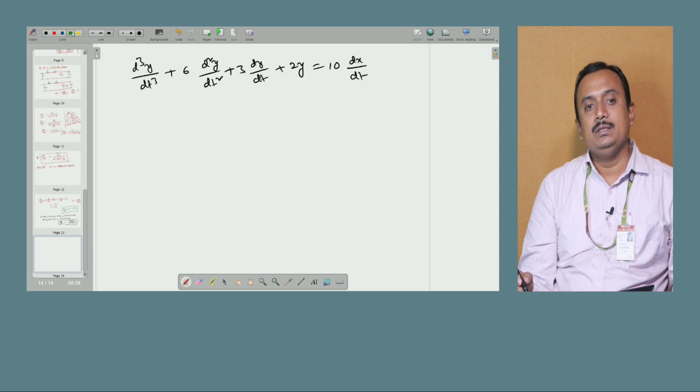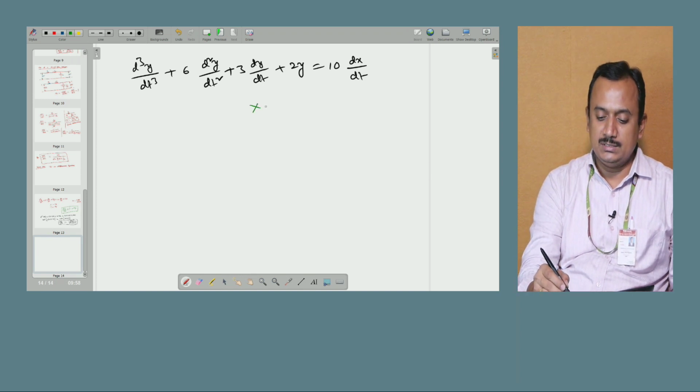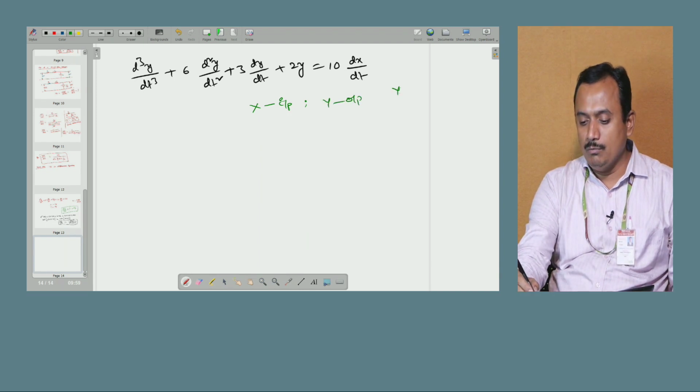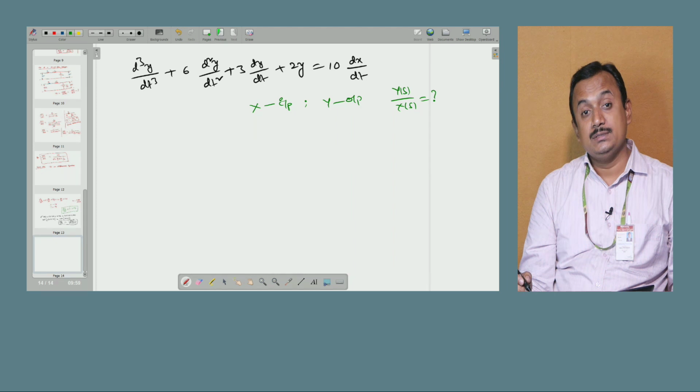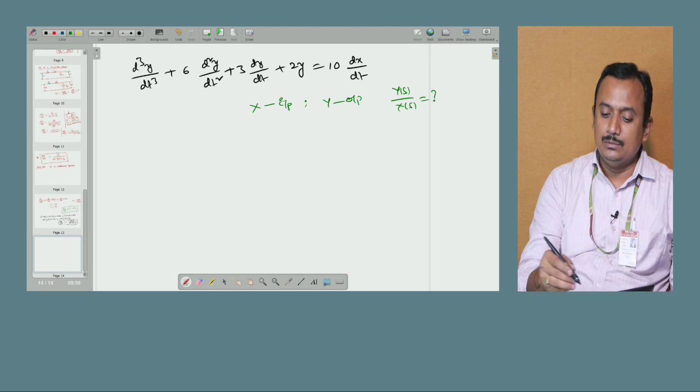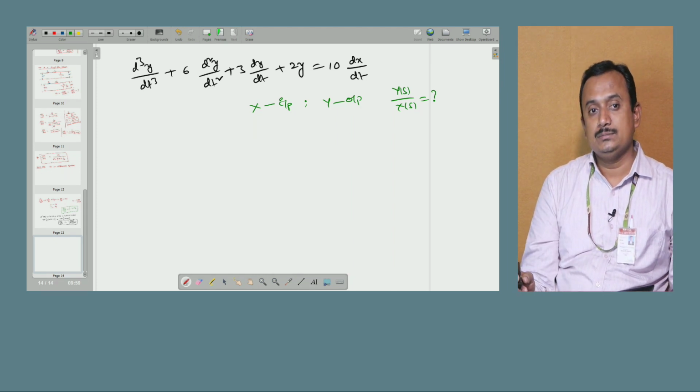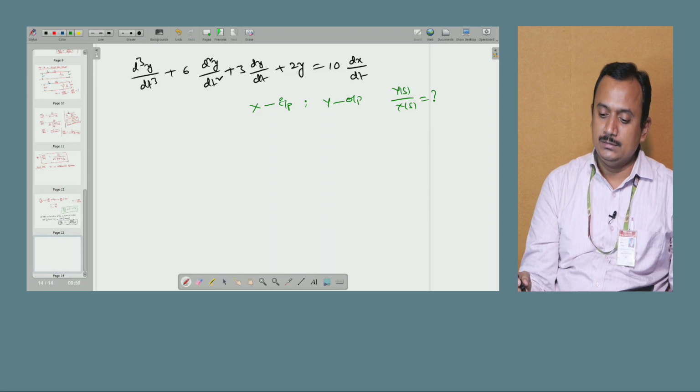Now here we are finding the transfer function. Same procedure. First let us identify the input. The input is x and y is your output. So we need y of s by x of s. So to find y of s by x of s, we need to write down the Laplace transform for this differential equation.